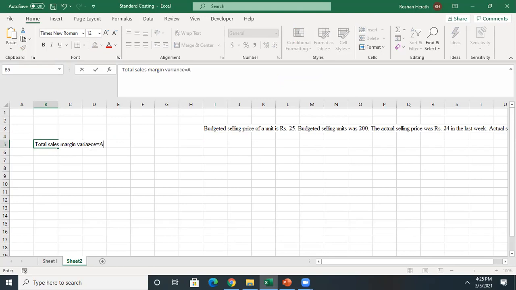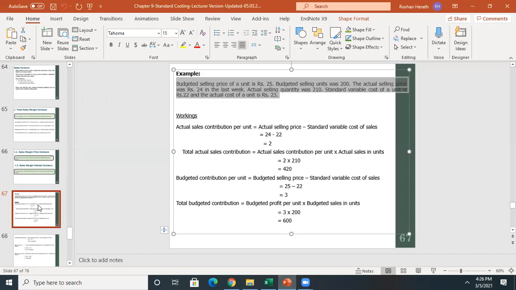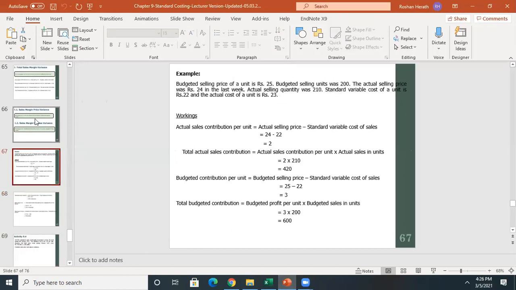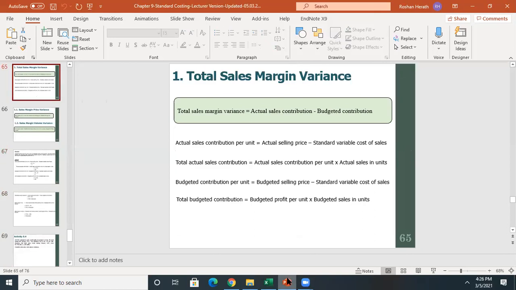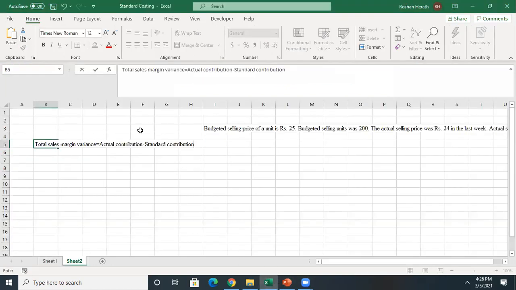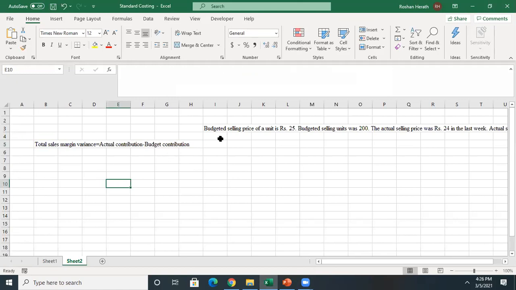You're going to take the actual contribution minus standard contribution. Again, actual versus the standard, I think, right? Was it budgeted that we use? Let's just check that. Budgeted contribution. So here standard is replaced by budgeted. But at the end of the day it means the standard.